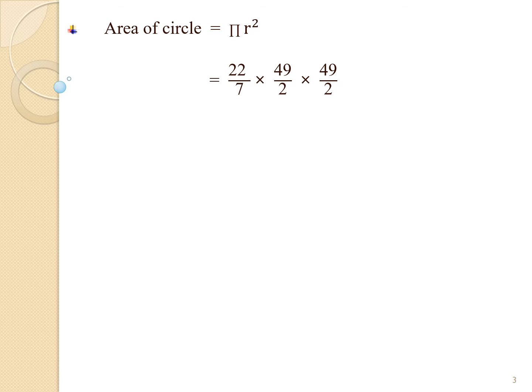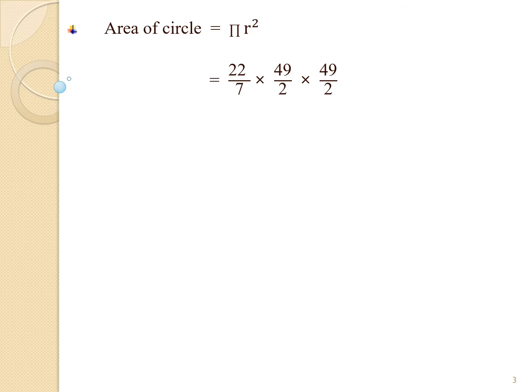Students, now let us cancel denominator 7 and numerator 49, as 49 is a multiple of 7, and also denominator 2 and numerator 22, as 22 is a multiple of 2.